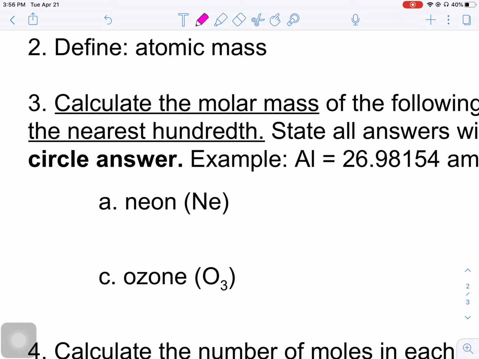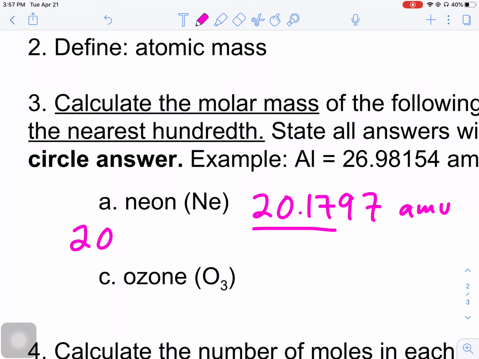So what I'm going to do is find neon in the periodic table, and its atomic number is 10, but its atomic weight is 20.1797, okay? And I asked you in the instructions to round to 2 decimal places. So this would be in AMUs, but when you report your answer, I want you to report it to 2 decimal places, and not in AMUs, but in grams per mole, okay?